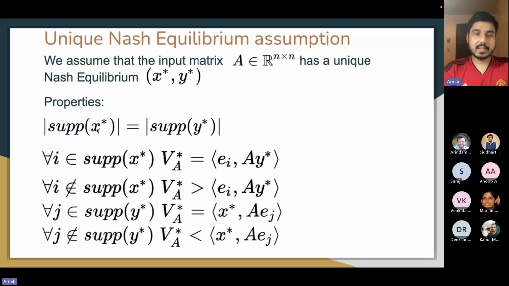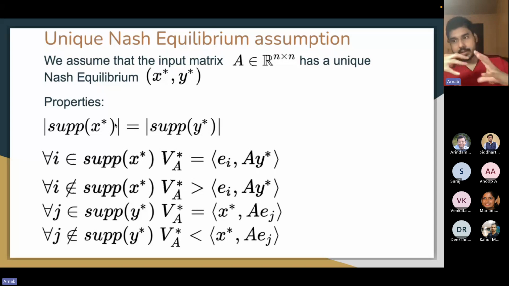The x star and y star are essentially vectors, so there are n coordinates. Support is how many coordinates are non-zero. If a matrix has a unique Nash equilibrium, then the size of the support of x star and the support of y star is the same. That is one important point, which will be very crucial for our talk later on.